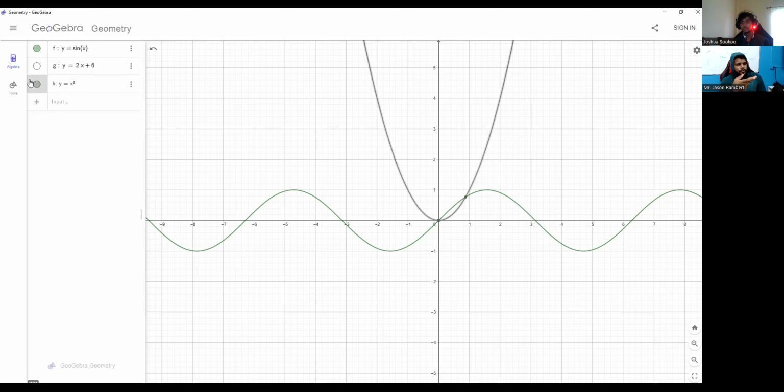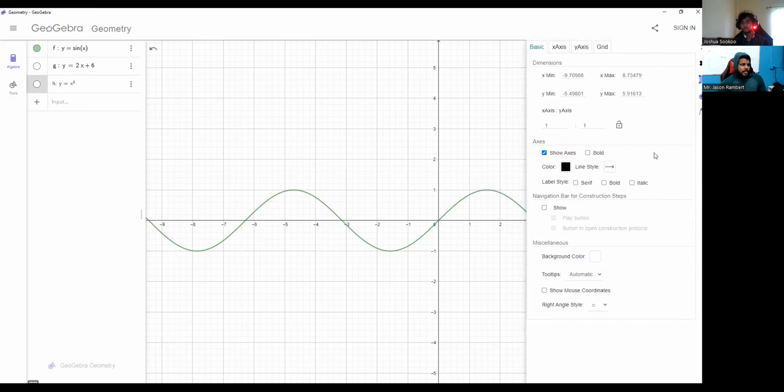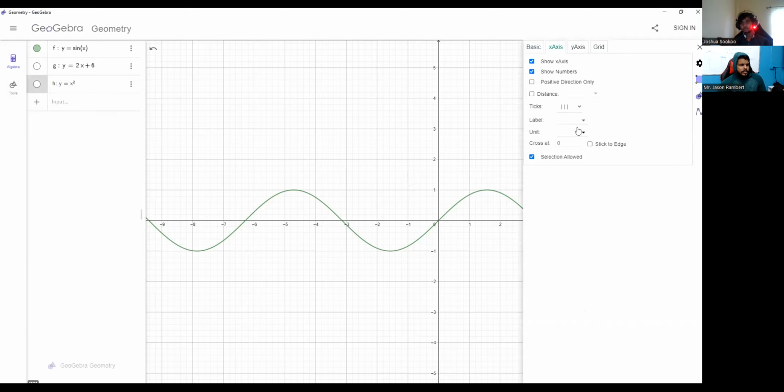So 2 values of x give me 1 value of y with respect to the quadratic, since it's x squared. For trig graphs, there are a number of values of x which give me one particular value of y. So let me just change the axes.